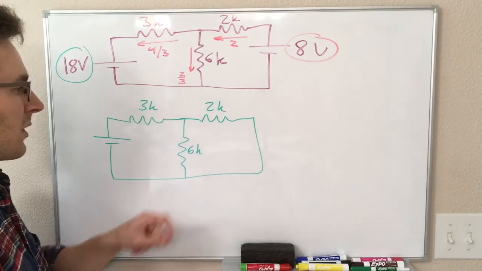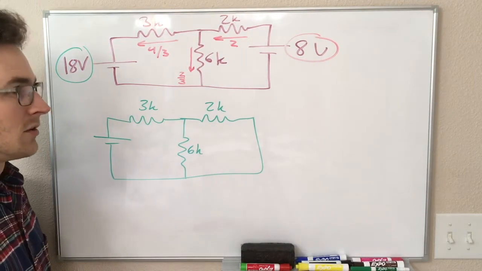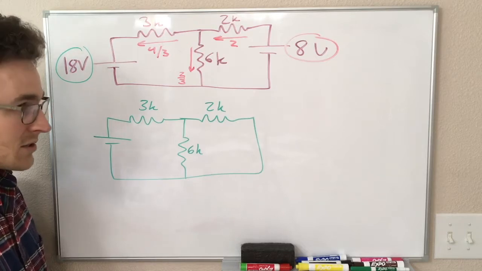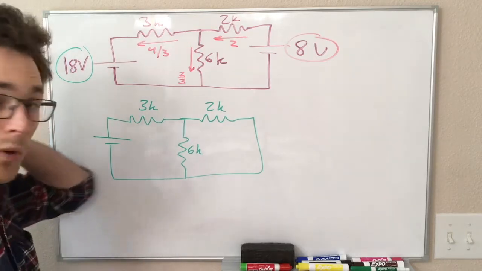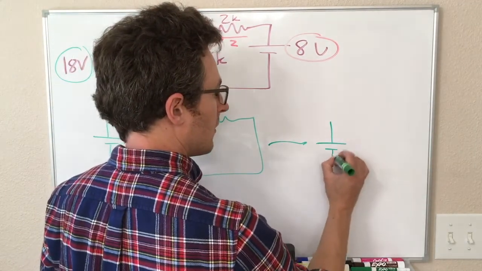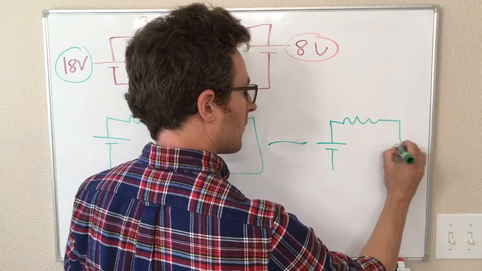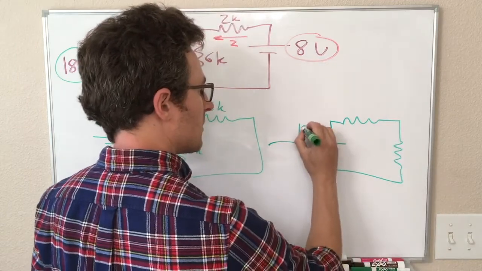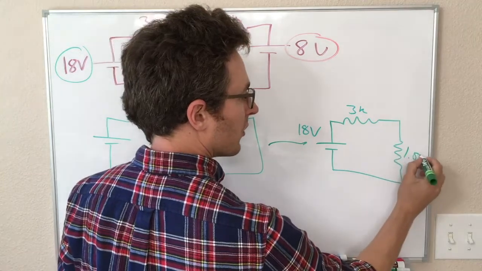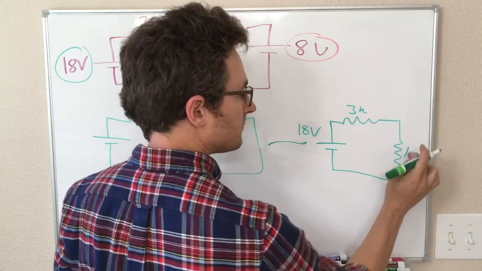So 2 kilo ohms in parallel with 6 kilo ohms is 2 times 6, which is 12, over 2 plus 6, that is 8. So 12/8 is 1.5. So I end up with an equivalent circuit that looks like this: 18 volts, 3 kilo ohms, and 1.5 kilo ohms.